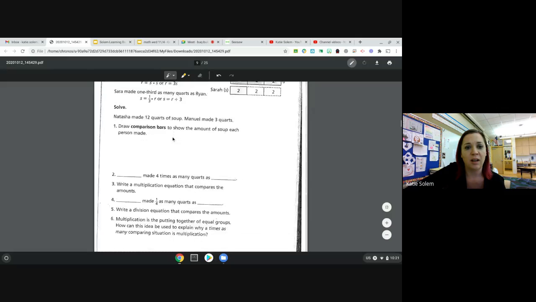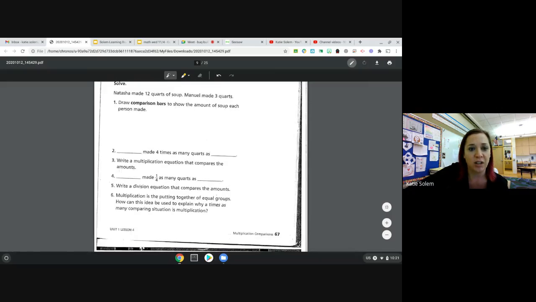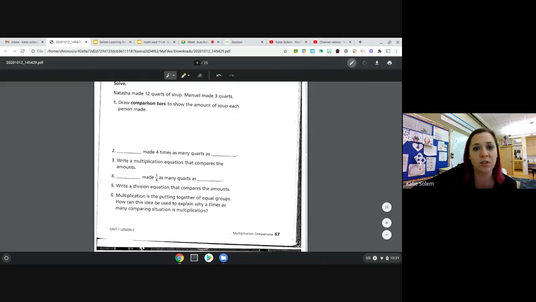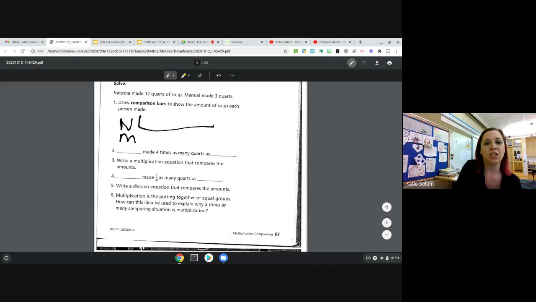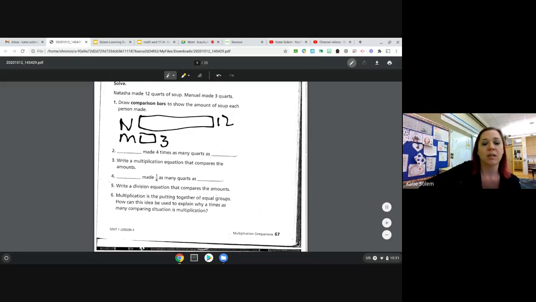Let's try one down here. It says Natasha made 12 quarts of soup. Manuel made 3 quarts. So we're going to start by making comparison bars. So we have Natasha and Manuel. Now, she made 12 and he made 3.